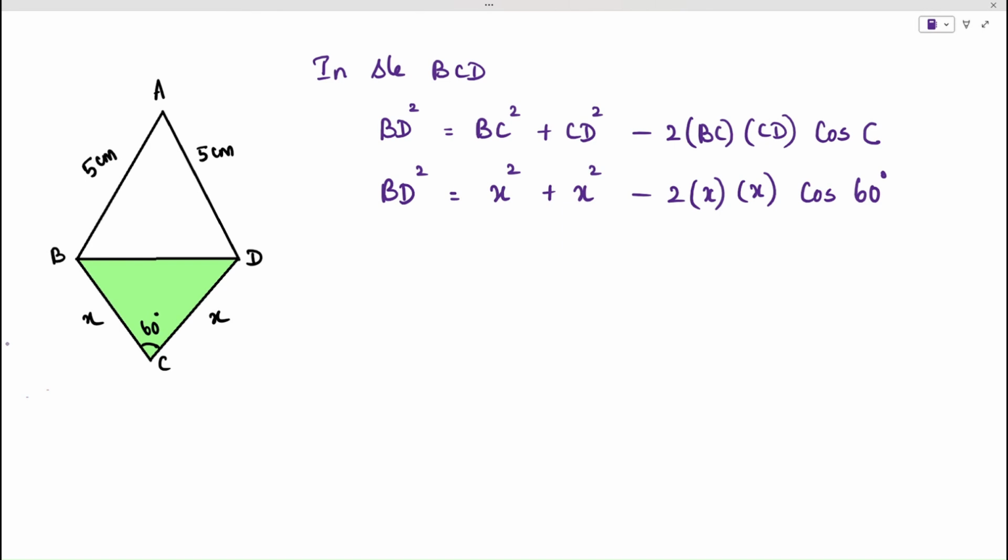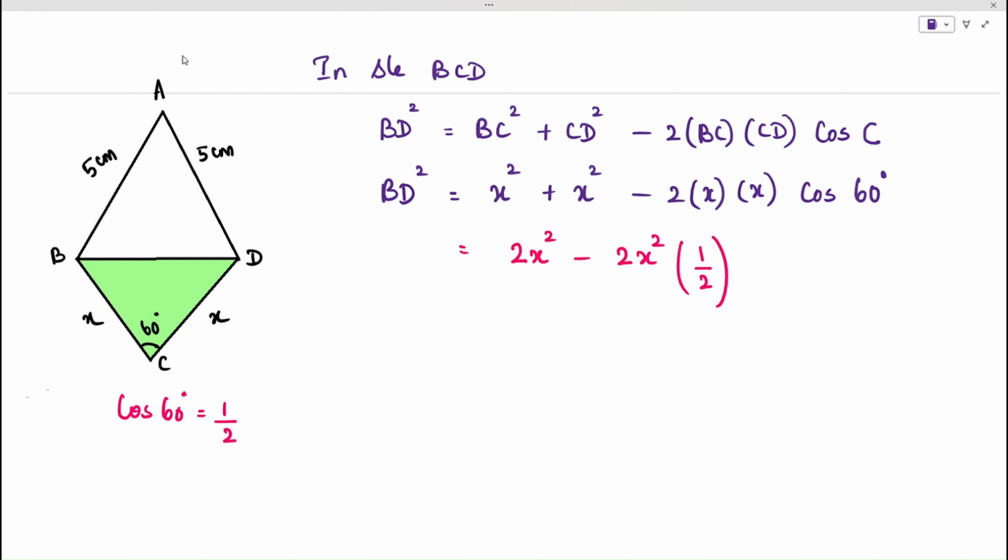You can either use your calculator to find cos 60, or you can take it from one of the values you have to memorize. So cos 60 is equal to a half. We're going to use this value. So we have x squared plus x squared, which is equal to 2x squared, minus 2x squared multiplied by a half.